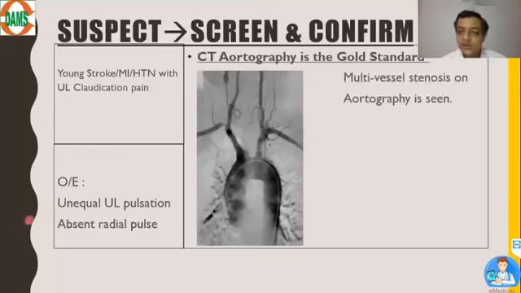It shows multi-vessel stenosis. You can see here, this is the aorta. We can see there is narrowing here, stenosis here. Multi-vessel stenosis on the CT aortography can be the gold standard for diagnosis.